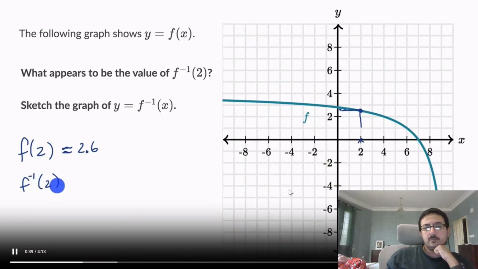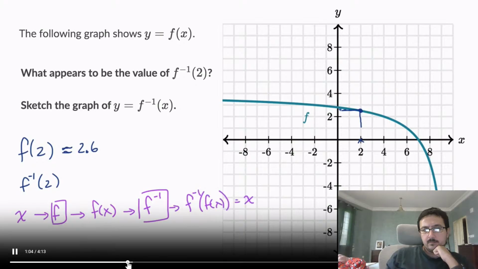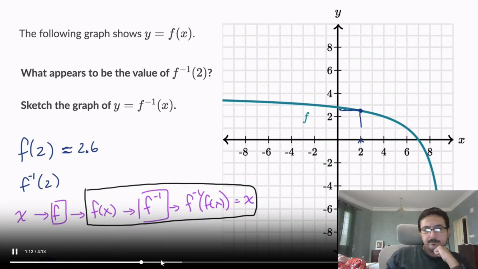And just as a reminder of what an inverse function is, if we have some input x, and we input it into our function f, and then that into f inverse, we are part of this chain of inputs and outputs. We want to figure out what f inverse of 2 is. So this part right over here is going to be equal to 2.